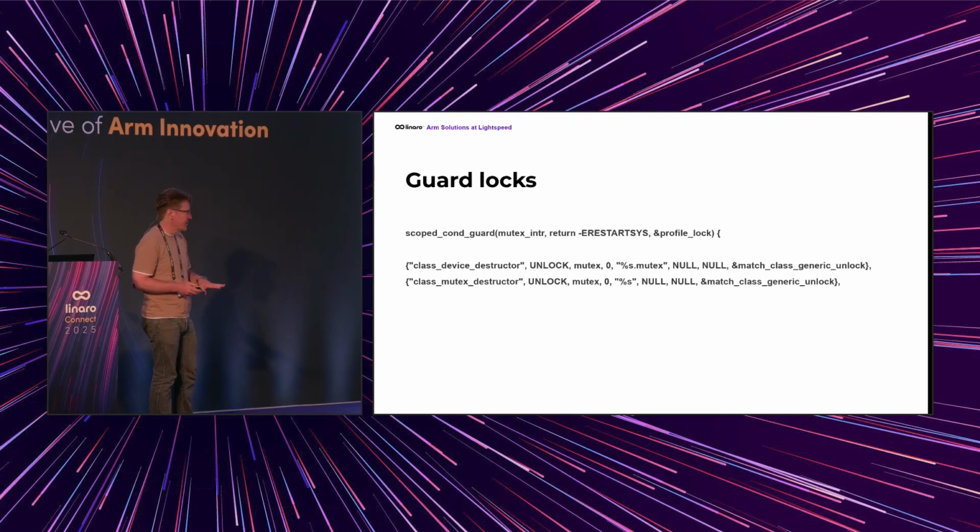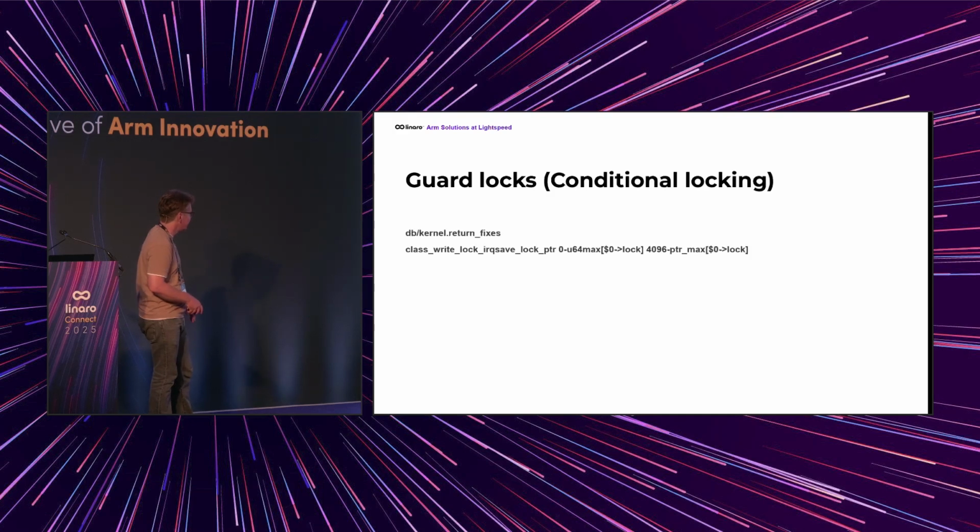And they were all written like that, so they all looked like they could fail. And so I had to go in and edit this file, the db return fixes, to say that actually this function can't fail. It always returns a valid pointer. So that's a function name, what Smatch says it returns, and then what it actually returns.